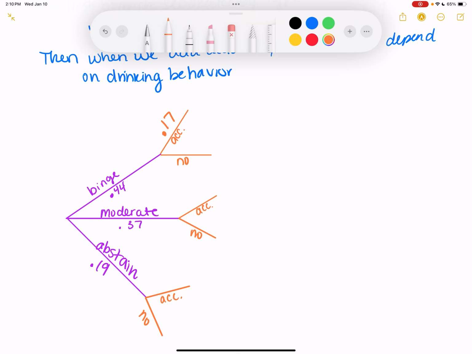So the ones that did not is 0.83. Moderate accident was 0.09. No accident then would be 0.91. If they didn't drink, they can't possibly be in an alcohol-related accident, so 0 and 1.